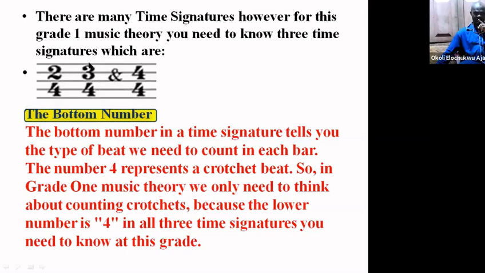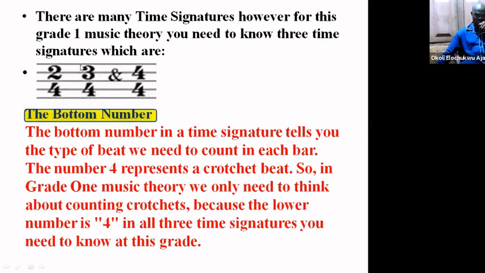Now, this is 3, 4. This 3 is telling you how many crochets. Just know that when you see 4 as a base number, it's telling you that the beat you have in that bar is the crochet beat.